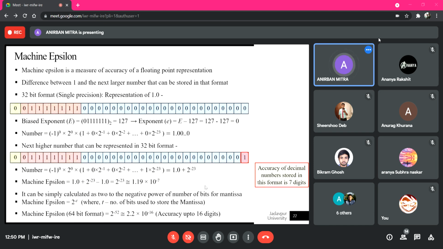But now, all machines are usually 64-bit. And the 64-bit architecture is known as double precision, where you get accuracy up to 16 digits after the decimal point.